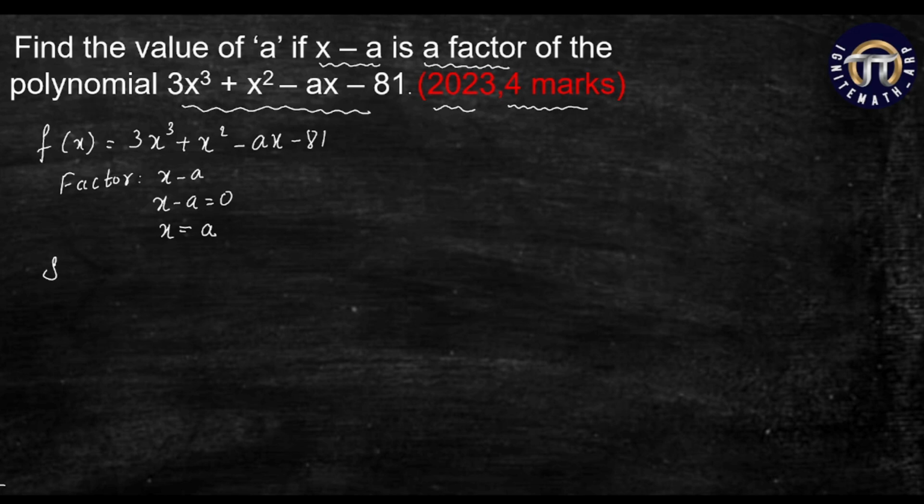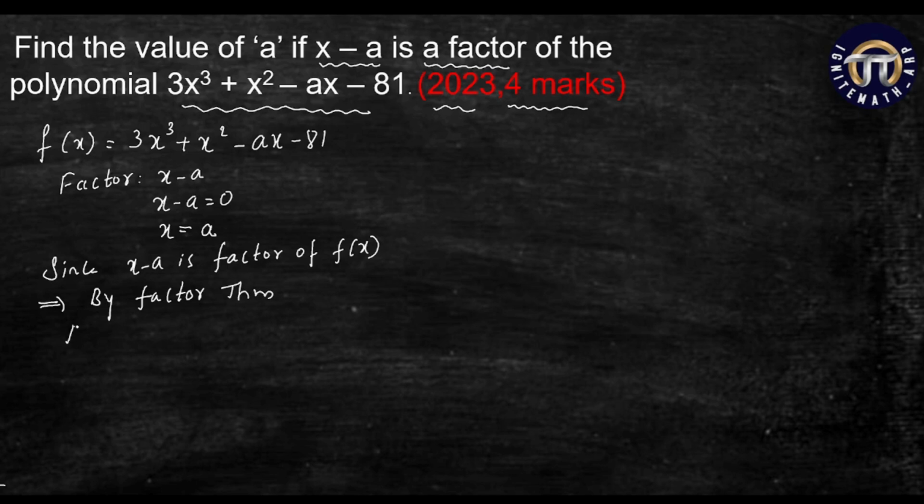So now you can just write down, since x minus a is a factor of the given polynomial f of x, that implies by factor theorem, I can say the remainder is supposed to be 0. Clear, children?